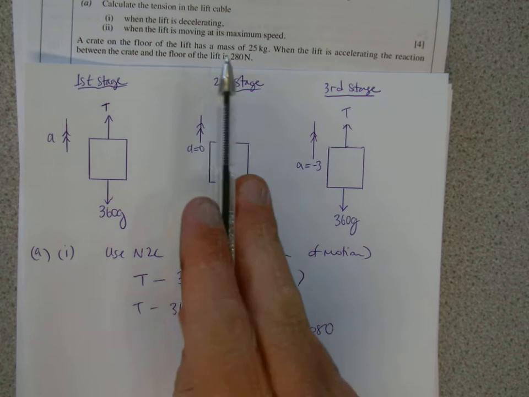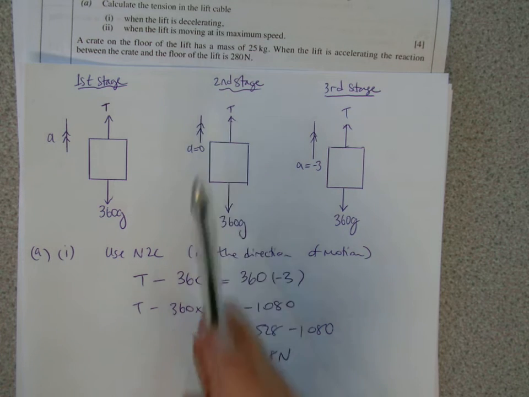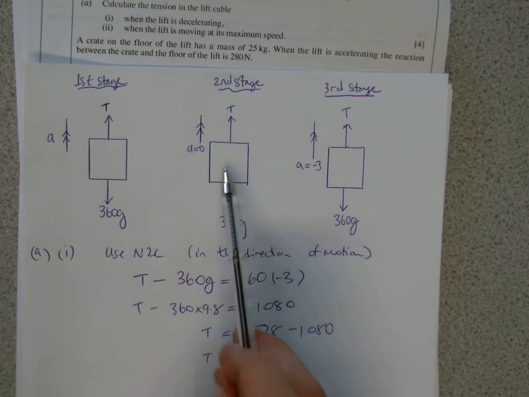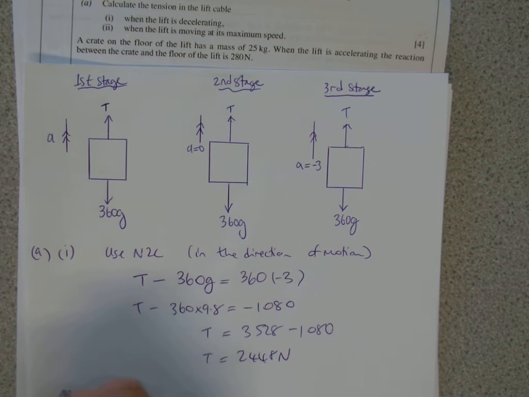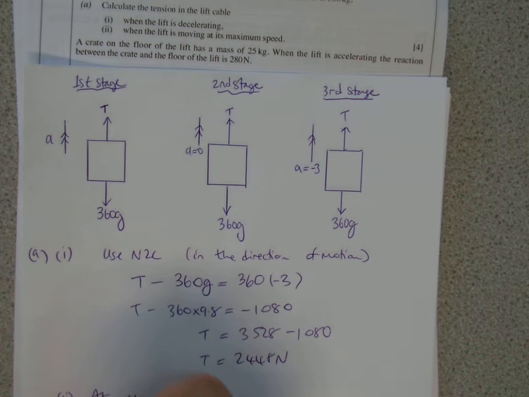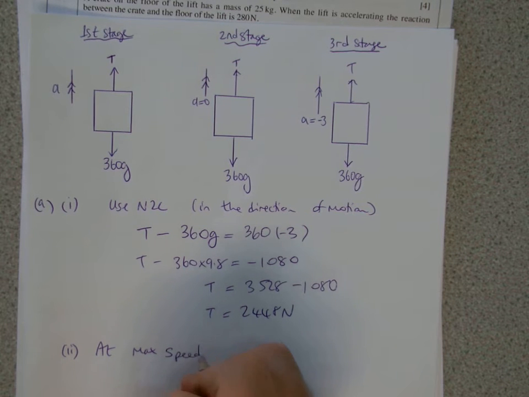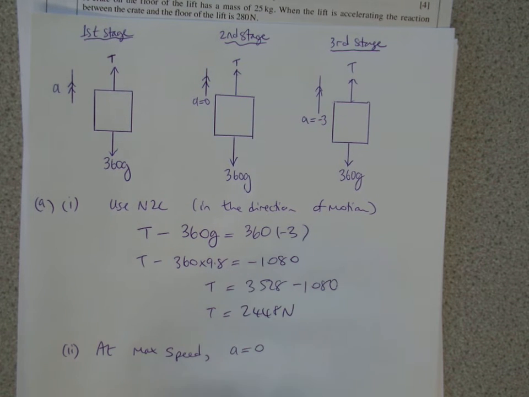Part 2 then: find the tension in the cable when the lift is moving at its maximum speed. In each stage the tension is going to be different in the cable, it's not going to be the same in each stage. In the second stage it's at maximum speed, which means the acceleration is 0, it's going at the same speed.